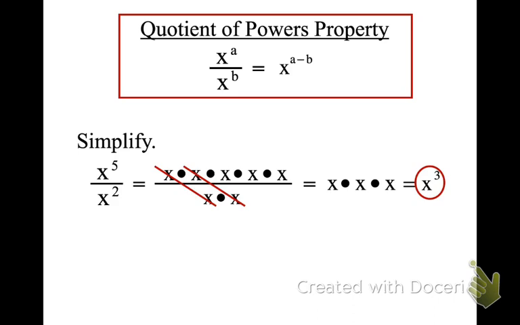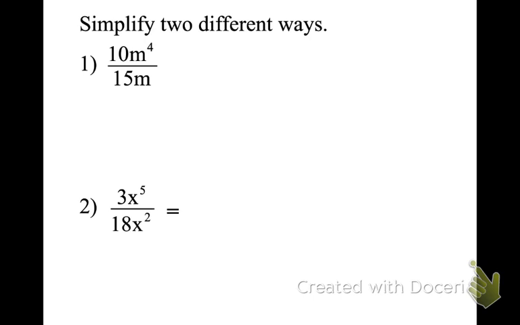The easy way is, obviously, we know that if we do the opposite, which would be subtracting our exponents, top minus the bottom, we end up with x to the third. But I'm going to show you another way.